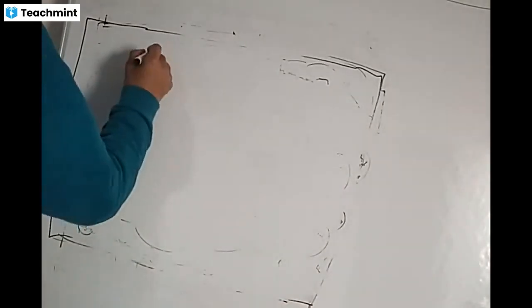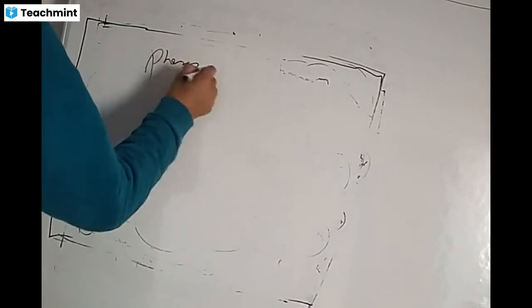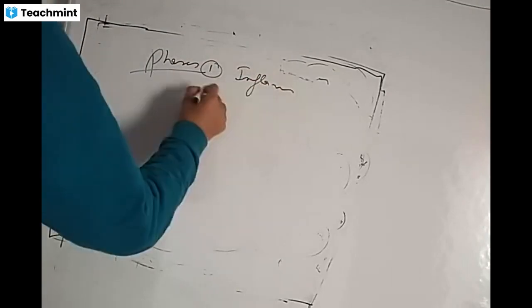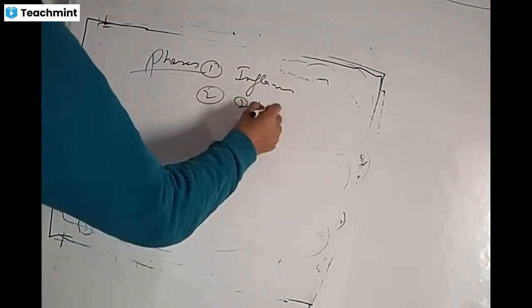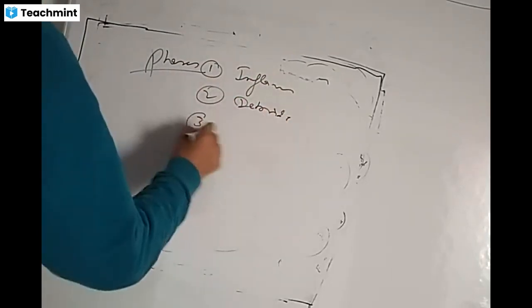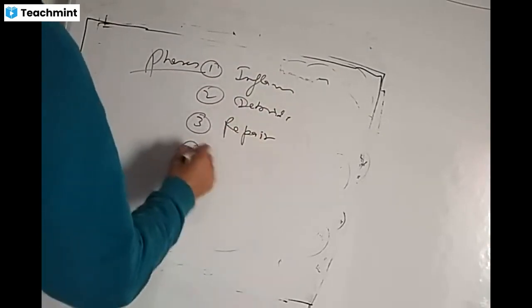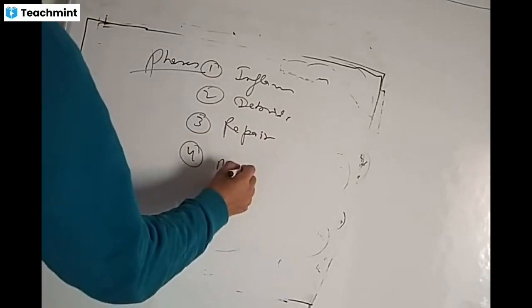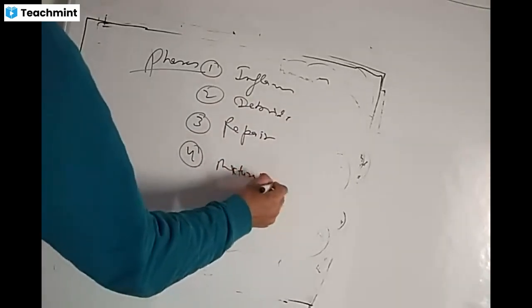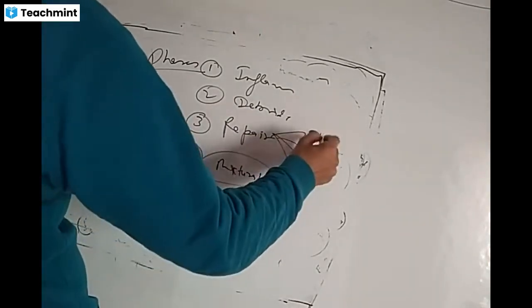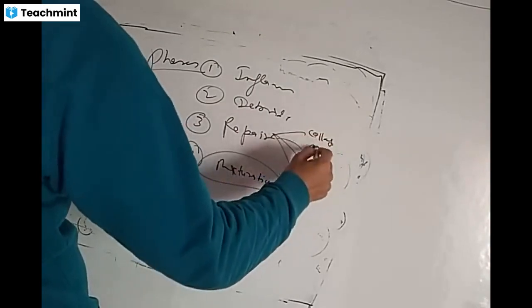So these were the phases under natural condition: inflammation, debridement, and the real one was repair. And the last was maturation, which was nothing but the remodeling phase. This repair phase was divided into collagen, then blood vessels were coming.